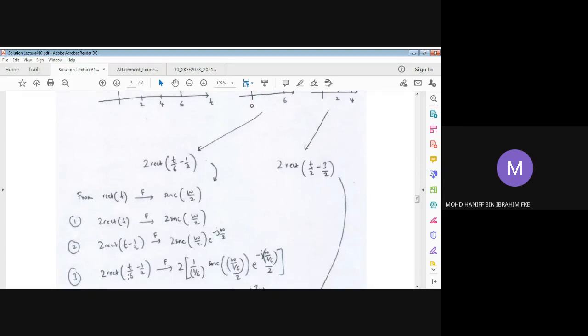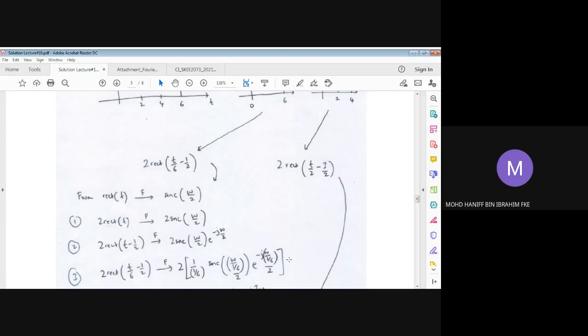Yeah, 1 over 6. So as what we have learned previously, to cater for this scaling of 1 over 6, we're going to have 1 over the scaling constant, sinc function of omega, and this omega shall be divided by 1 over 6 divided by 2, and the same thing applies for this omega, which shall also be divided by 1 over 6.